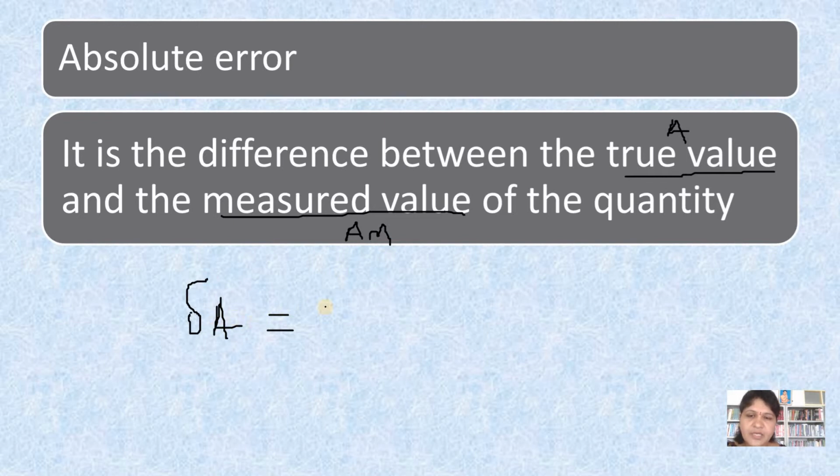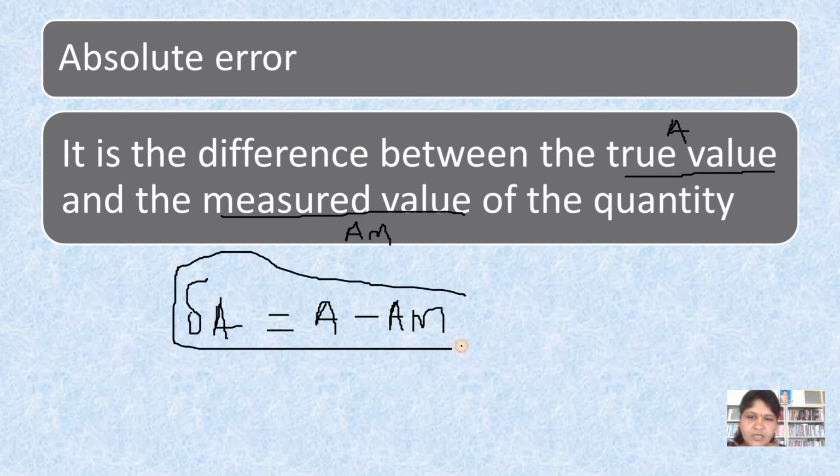So absolute error is defined as the difference between the true value of a quantity, that is A, minus the measured value of the quantity AM. So this is the formula for the absolute error. Whenever we want to find the absolute error in a measurement, we will find the difference between the true value and the measured value.